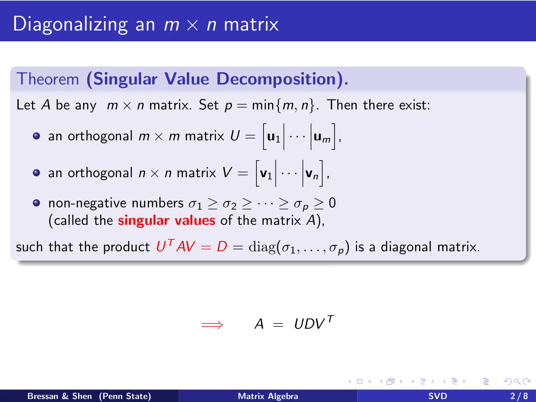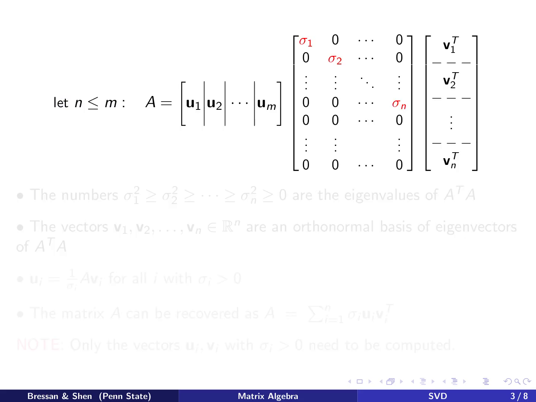So A would be U times D times V transpose. Using that theorem, it is also very useful to realize that the matrix A can be written as the product of these three matrices.